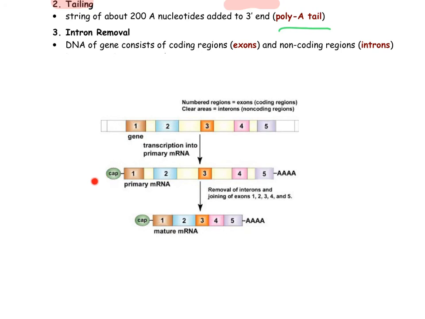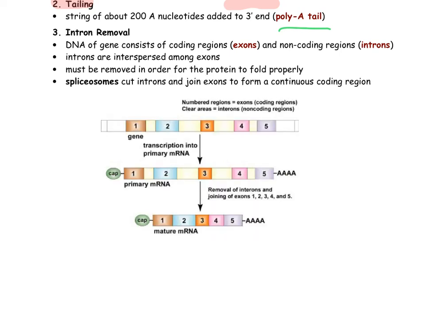We've already talked about how the cap needs to be there at the 5' end. Our polyadenine tail is going to be there at the 3' end. But we also need to excise all of these introns, and that will give us our mature mRNA that is ready to leave the nucleus. So let's write a little bit of that down.